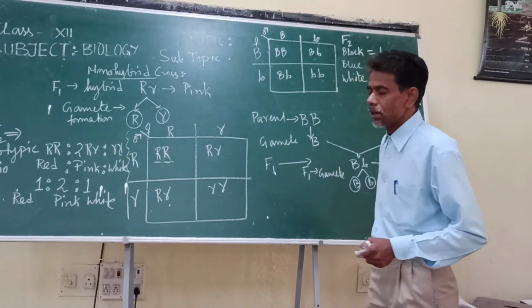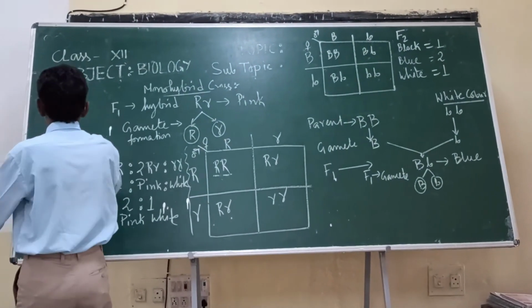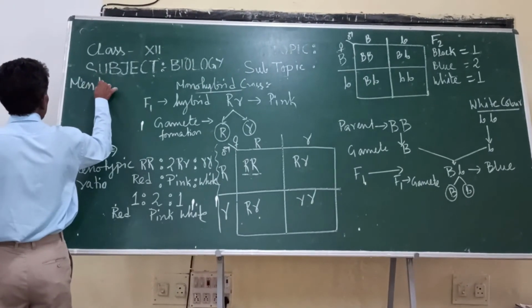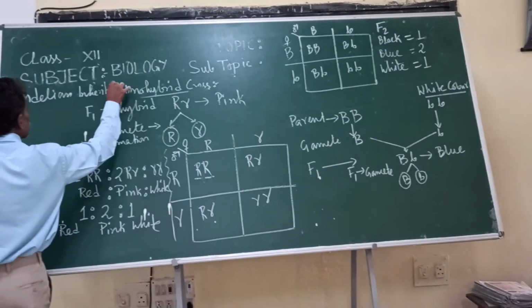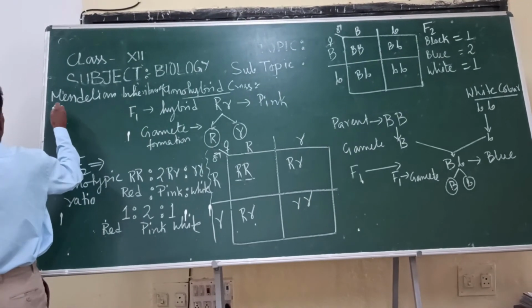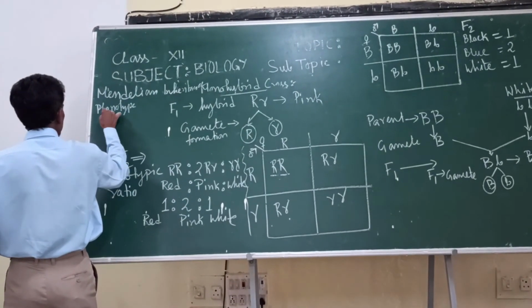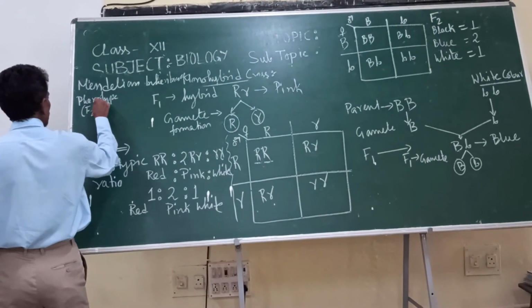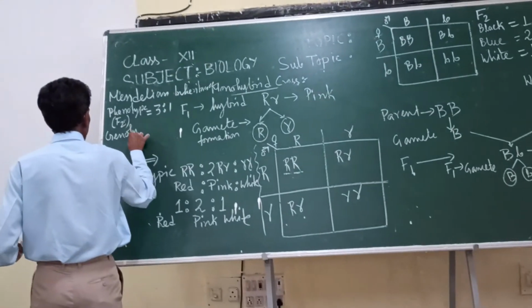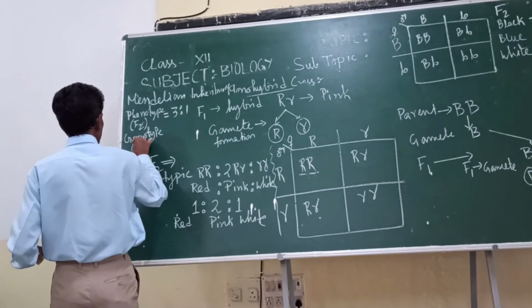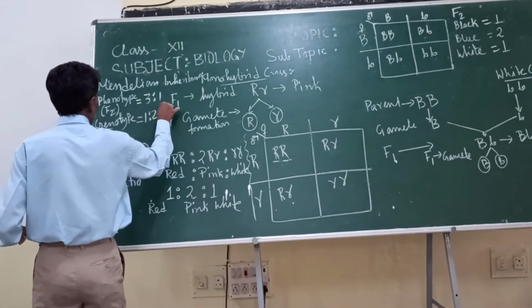If you notice carefully, in Mendelian inheritance, if I write here, the phenotype of F2 is 3:1, genotype of F2 again different, that is 1:2:1.